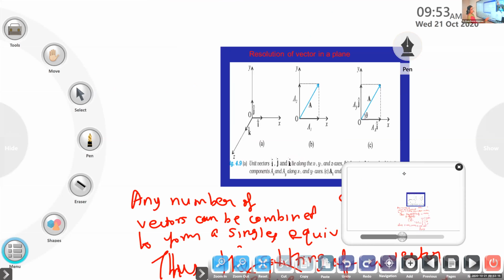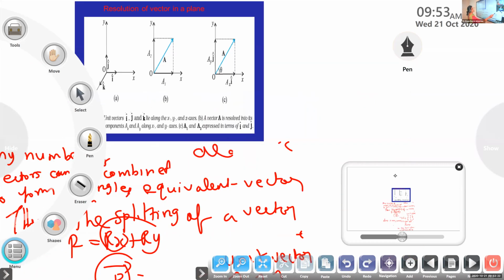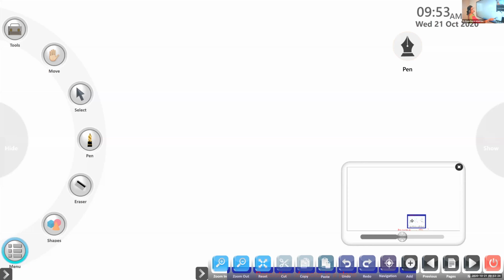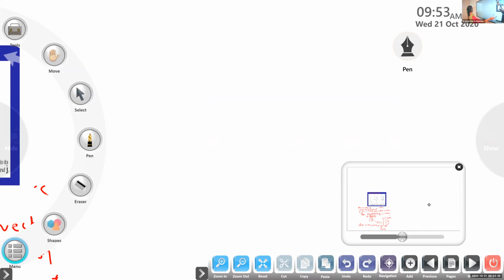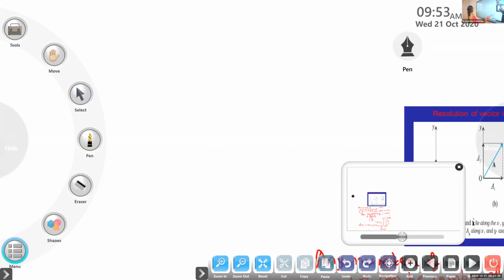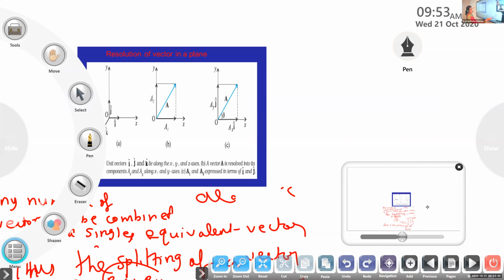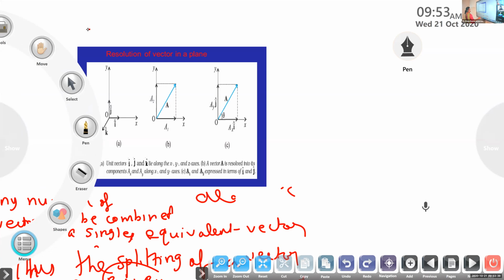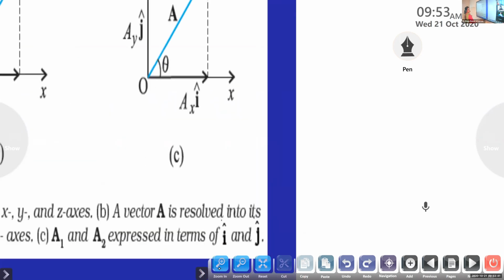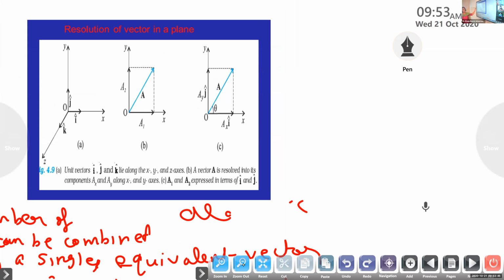Yes. So this is the resolution of a vector in a plane.